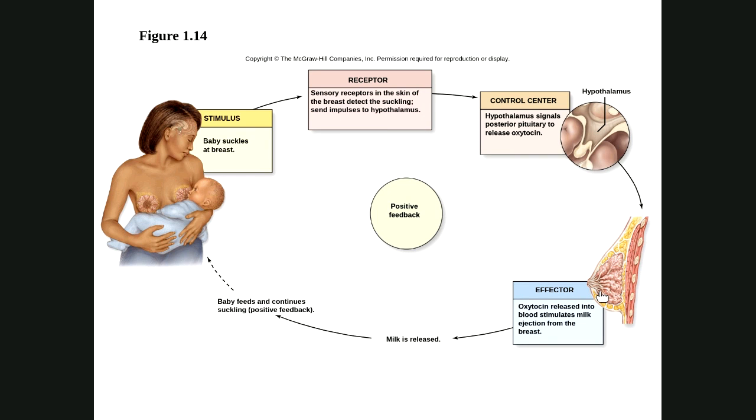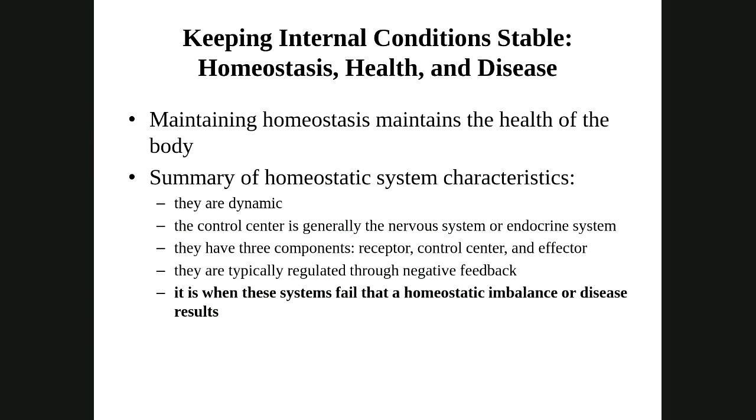Prolactin has already made the milk, so oxytocin is here for the letdown of the milk. So the milk is released to the baby. As long as the baby continues that, we're going to continue this process of releasing milk. And again, this is a survival loop. Think about it: the baby needs this to survive.